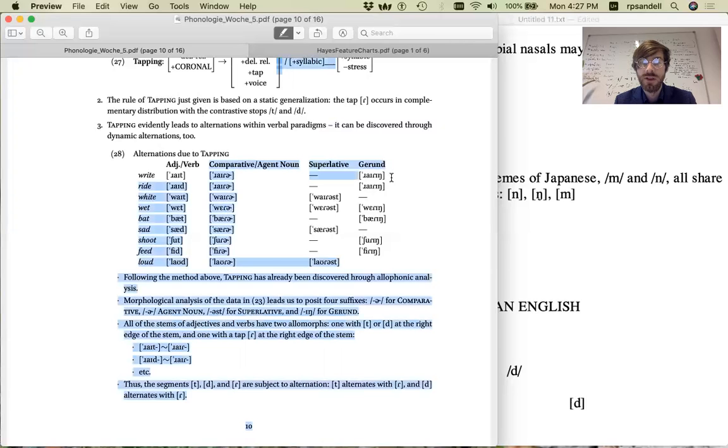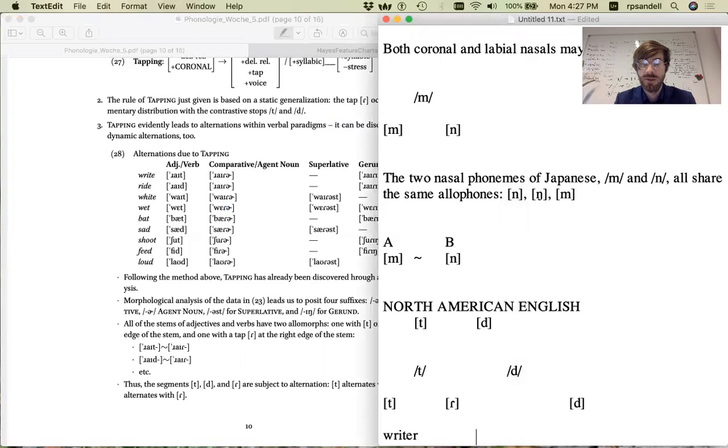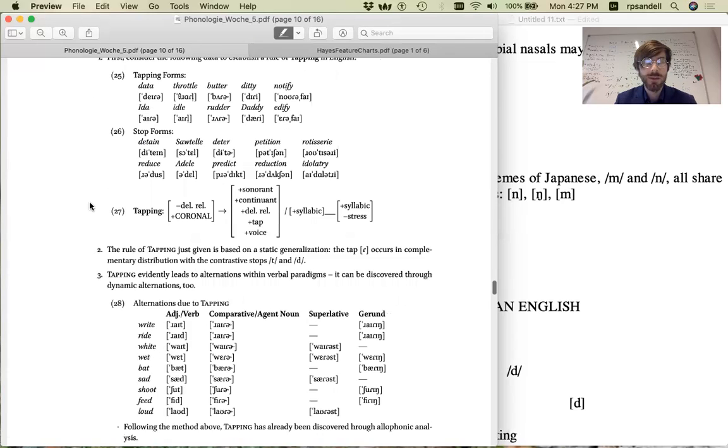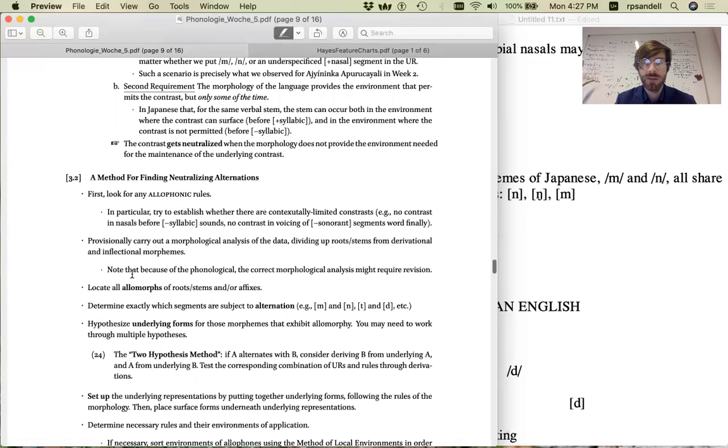And in the gerund forms, the present participle forms, so for instance, writing, built to this same verb, we find a stop there too, preceding the ing suffix. And in adjectives, in the superlative form, built with the suffix ust, so for instance whitest, wettest, saddest, we find a tap there too.